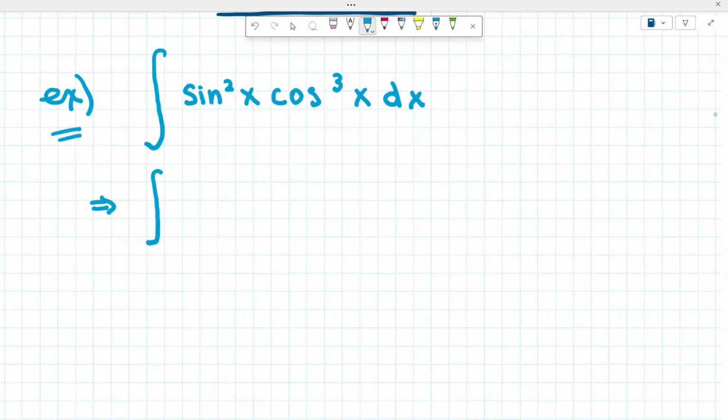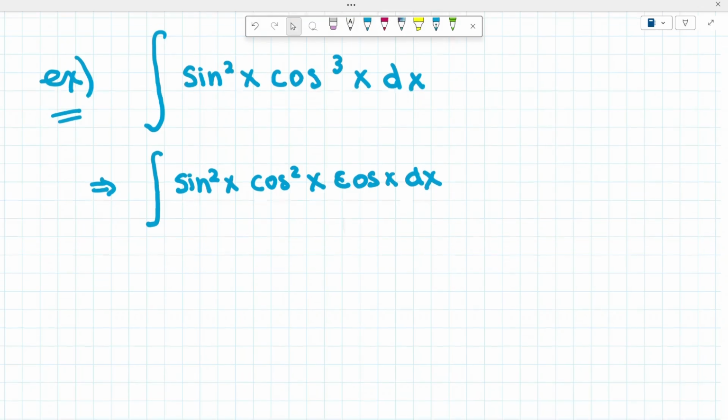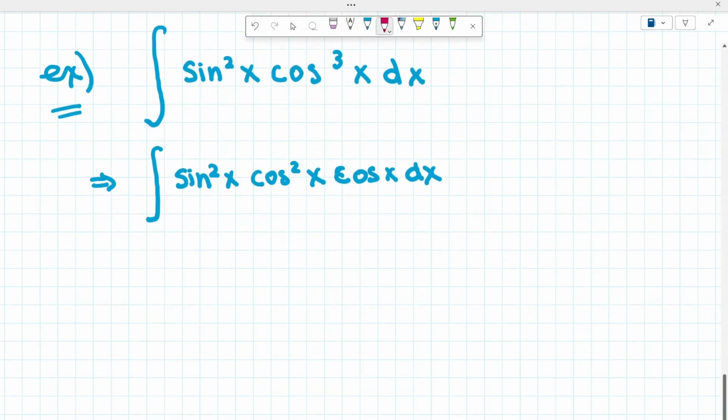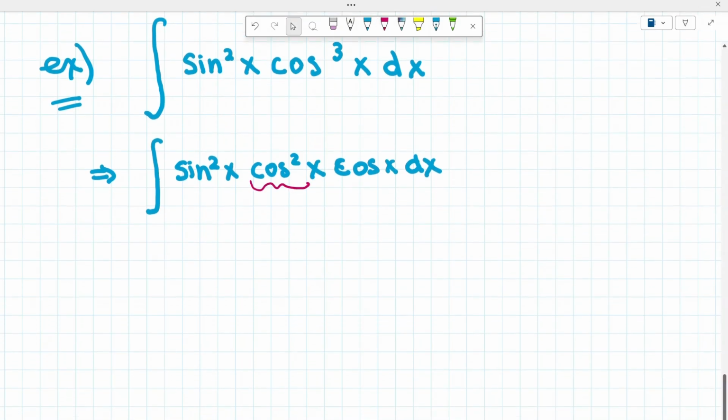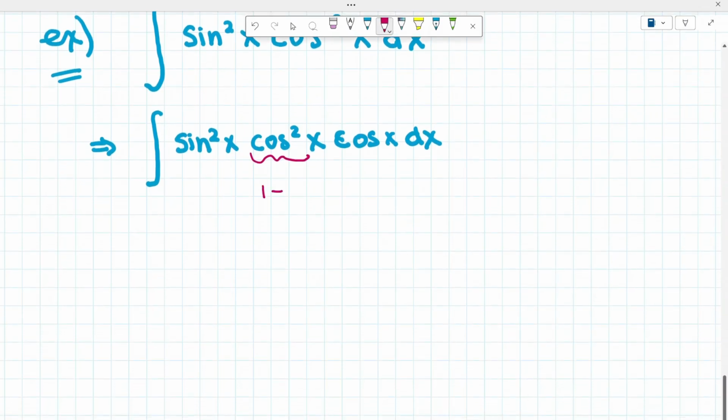So that being said, why don't we keep our sin² x, but we're going to decompose our cos³ x into cos² x multiplied by cos x dx. We're doing this because we can recognize that we can rewrite cos² x as 1 minus sin² x.